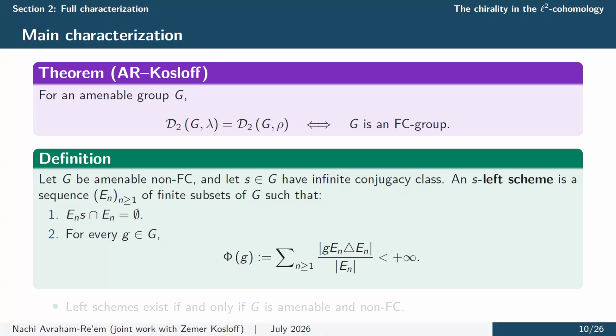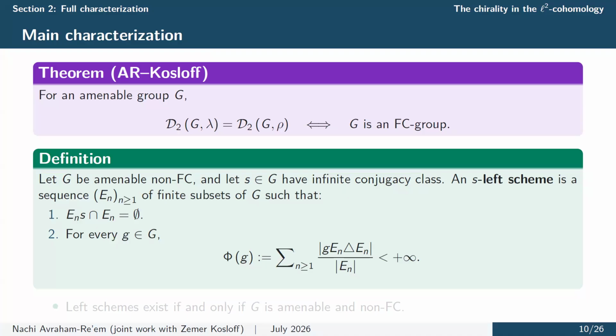If for example translating En from the left would be disjoint from En, so the sets GEn and En would be disjoint, then this size would be just 2 times En. Divided by n, it would be just infinite sums of 2, which is infinite. So this smallness condition says that, while translating by the element S from the right gives us very much disjoint sets, when translating from the left we do not have this property. We have more and more overlaps.